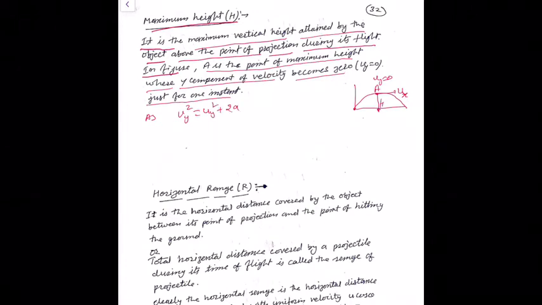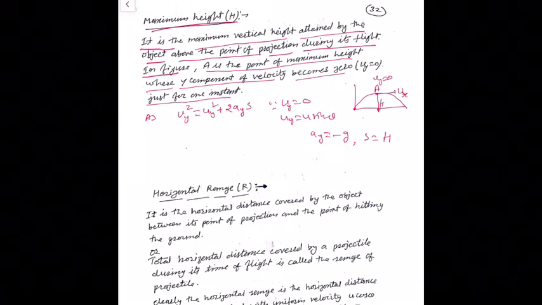As Vy square equal to Uy square plus 2Ays. Since Vy is equal to 0, Uy is equal to U sin theta, Ay is equal to minus g, and S is capital H, the maximum height. So put the values.